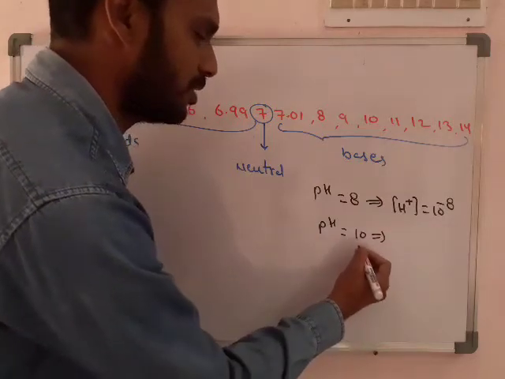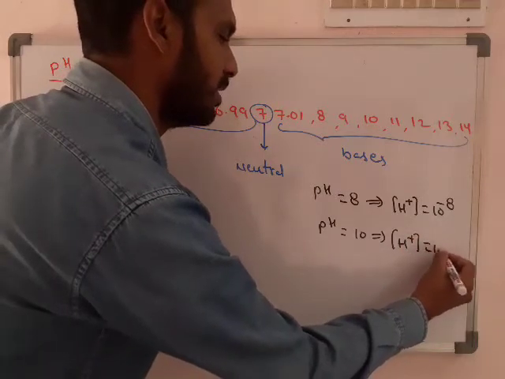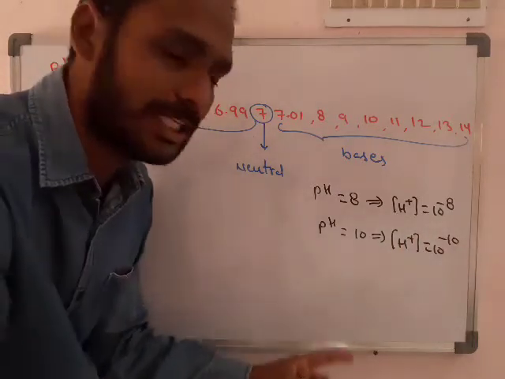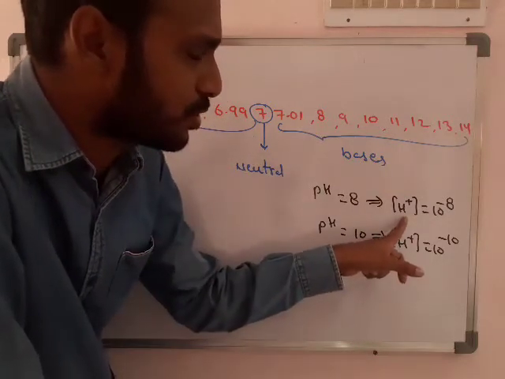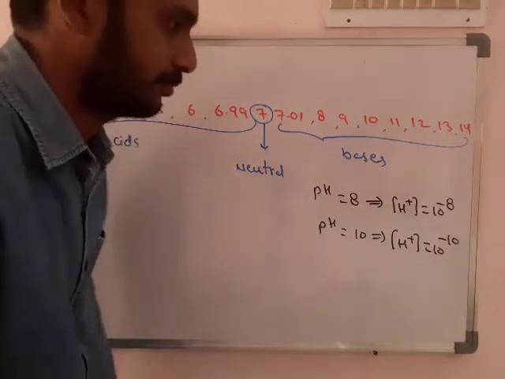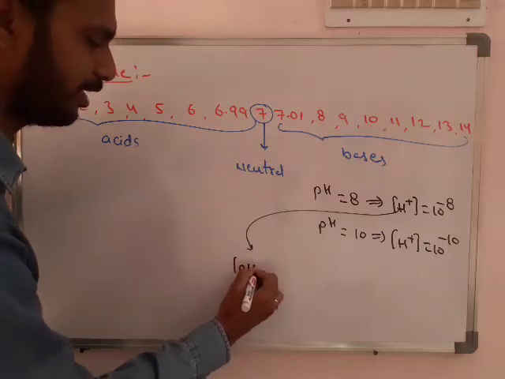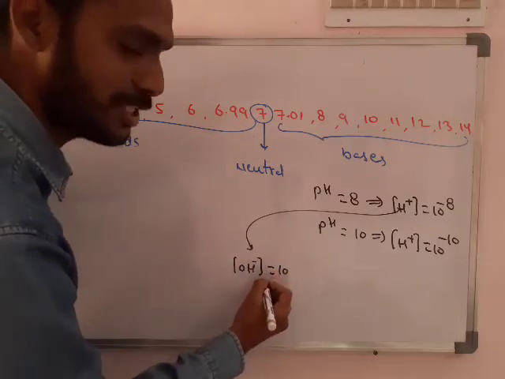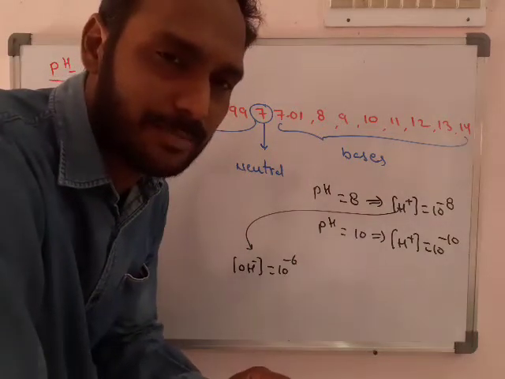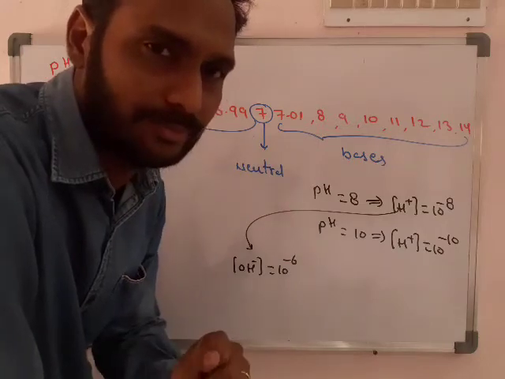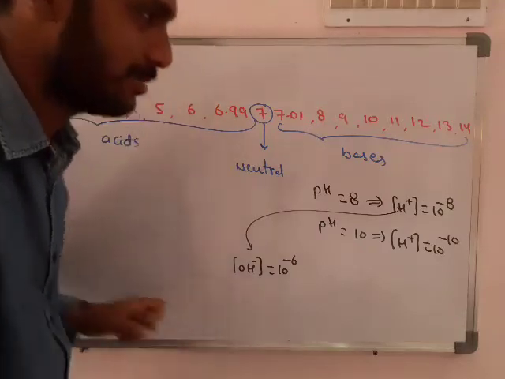When the H plus concentration is 10 power minus 10, substituting in the formula pH equals minus log H plus, we get pH 10. If H plus equals 10 power minus 8, what is the OH minus concentration? It is 10 power minus 6, because the product of H plus and OH minus is always 10 power minus 14. So the OH minus concentration is 10 power minus 6 molarity.